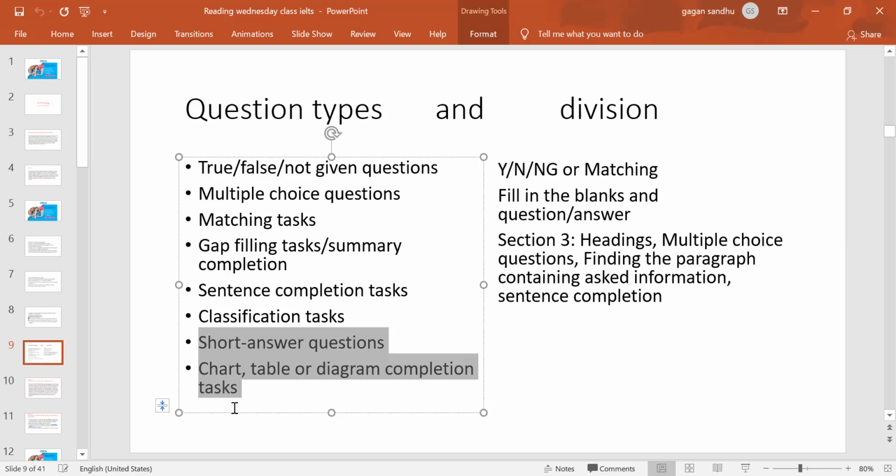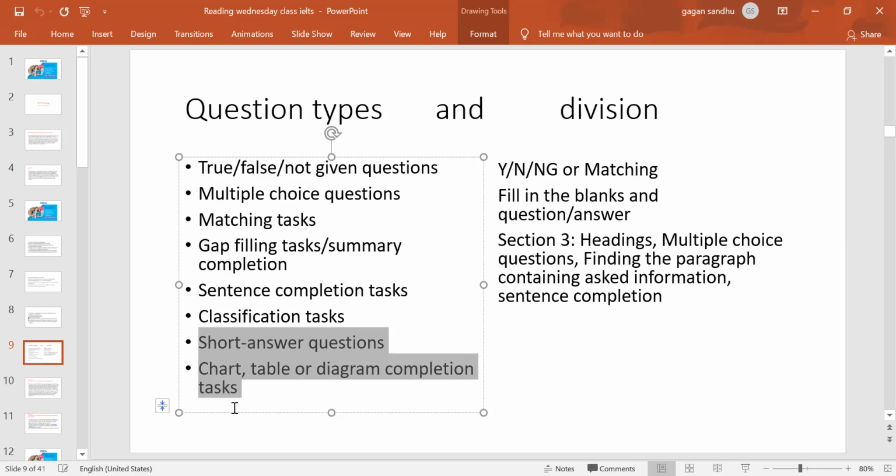And if there is any chart, table, or diagram completion, specifically there will be a description given for the chart, table or diagram in the reading passage. Maybe in any one paragraph out of eight, one is given having the description of the diagram. So that is just like labeling, even if it's a chart or a table.